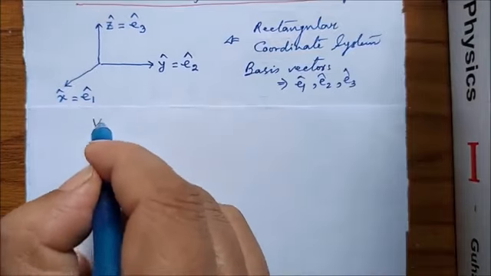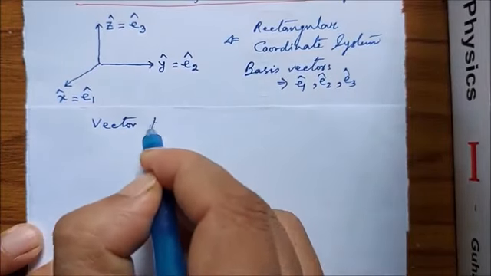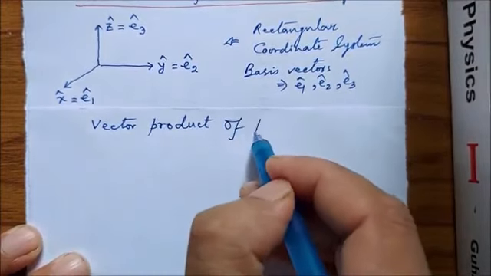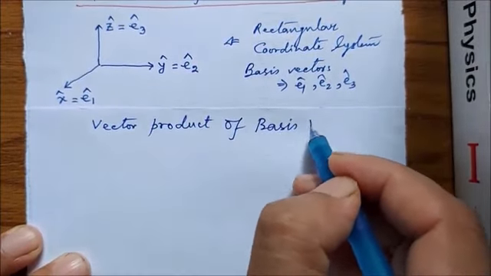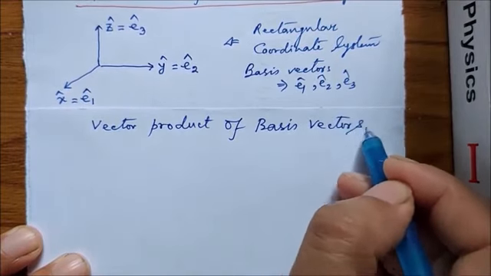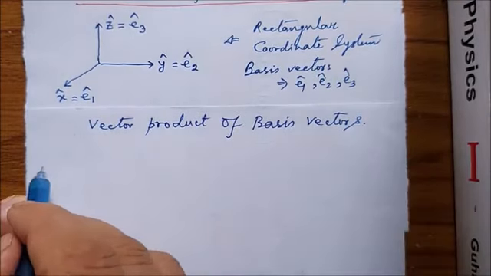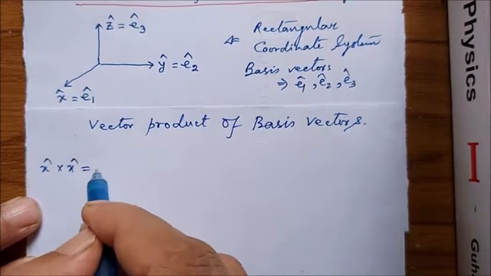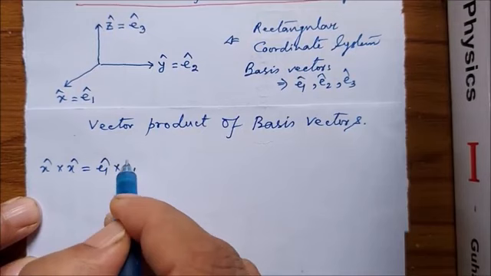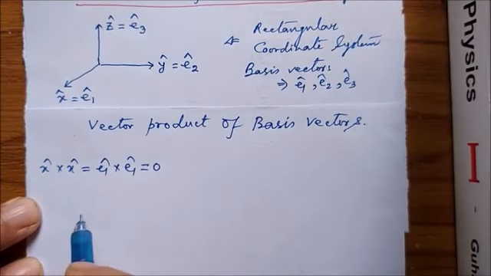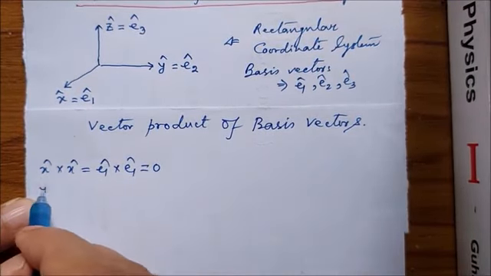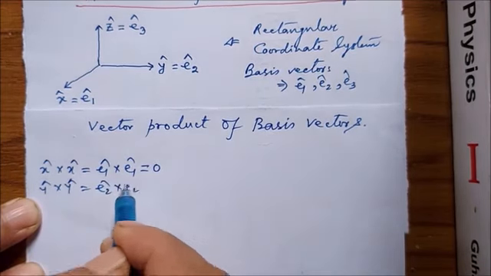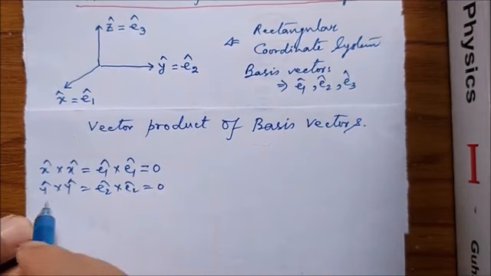We next consider the vector product of the basis vectors. Consider x cap cross x cap, which is e1 cap cross e1 cap, and this is 0. Similarly, we have the other relations.